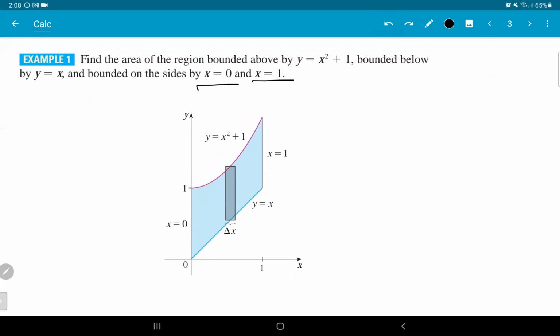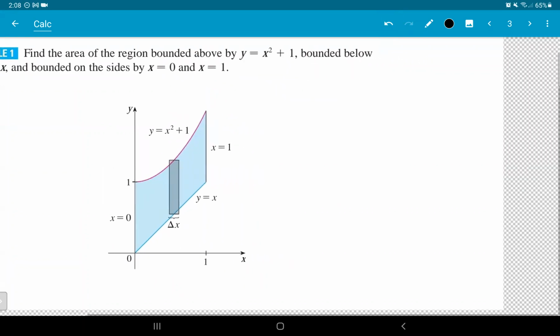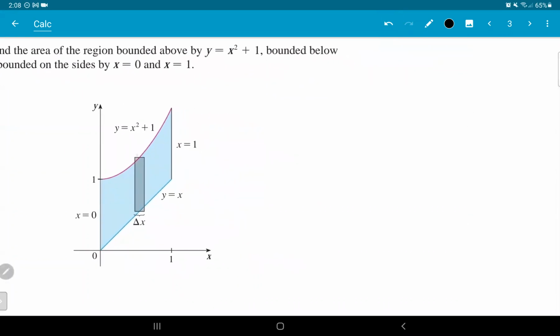Now using the formula given a while ago, what we do is subtract the lower curve from the higher curve. This is the higher curve. This is the lower curve, or line rather.